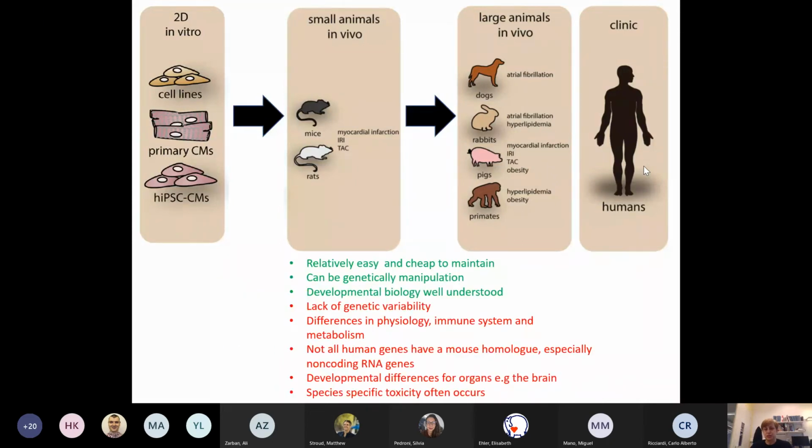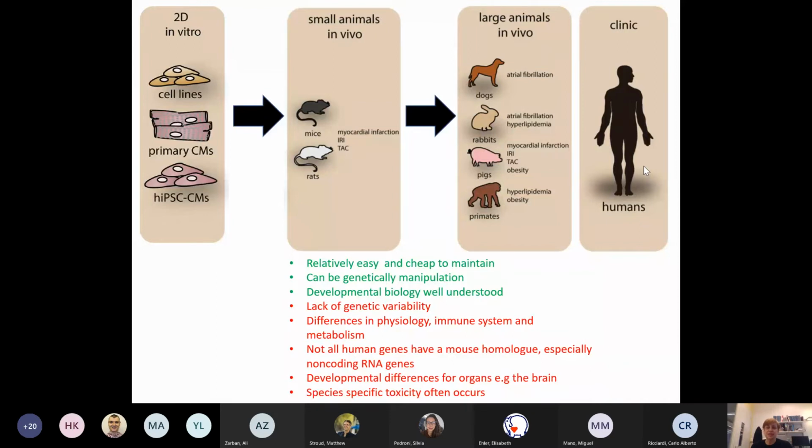For the small animal models, the preclinical models, again, they are relatively easy to use. They are quite cheap to maintain, can be genetically manipulated, and we know a lot about the developmental biology of mice, so it's easier for us to understand it. But of course, they lack genetic variability. We only have a handful of different strains in mice, as opposed to the huge genetic variability that we see in humans. There are differences also in the physiology, in the immune system, and in the metabolism between mice and humans.